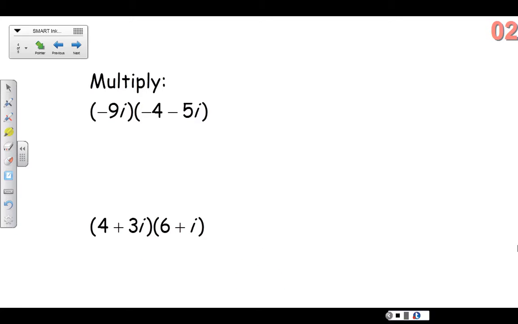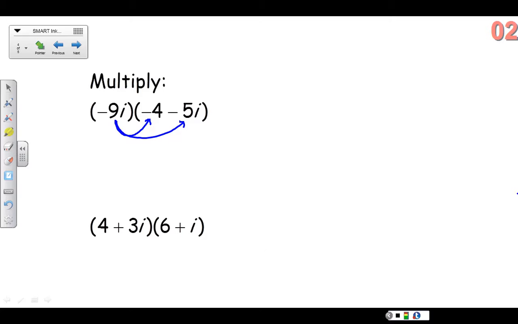All right. In these problems, we have -9i, which is just one little monomial expression there, times -4 minus 5i. So in this case, we're going to have to multiply with the distributive property. So -9i times -4, and then -9i times -5i.